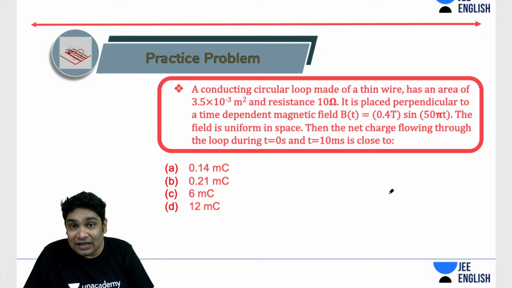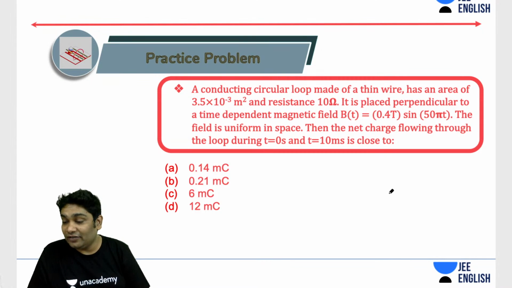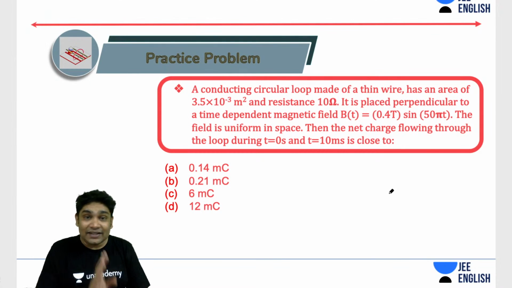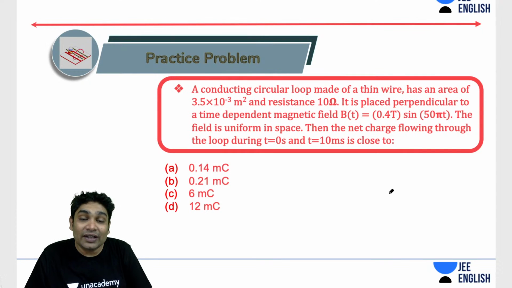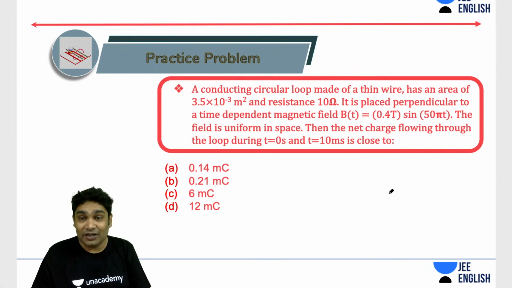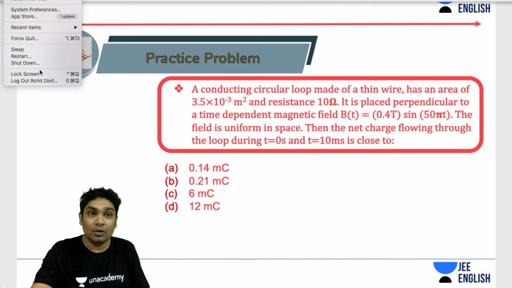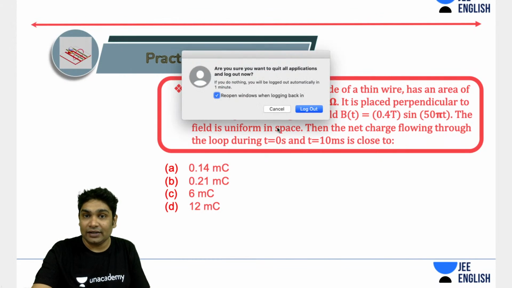And the field is uniform in space, it is only varying with time. Now you have to find the net charge through the loop during the time interval of t equals 0 to t equals 10 milliseconds. So try this problem quickly. Let's quickly try this.